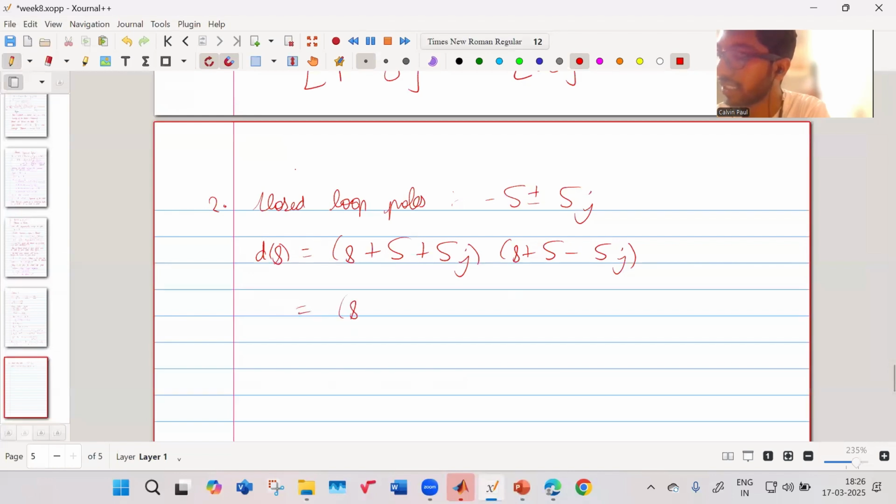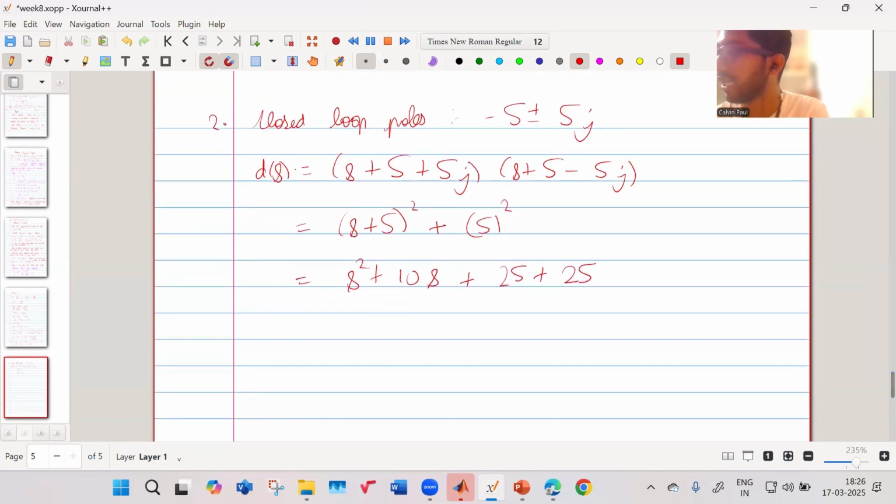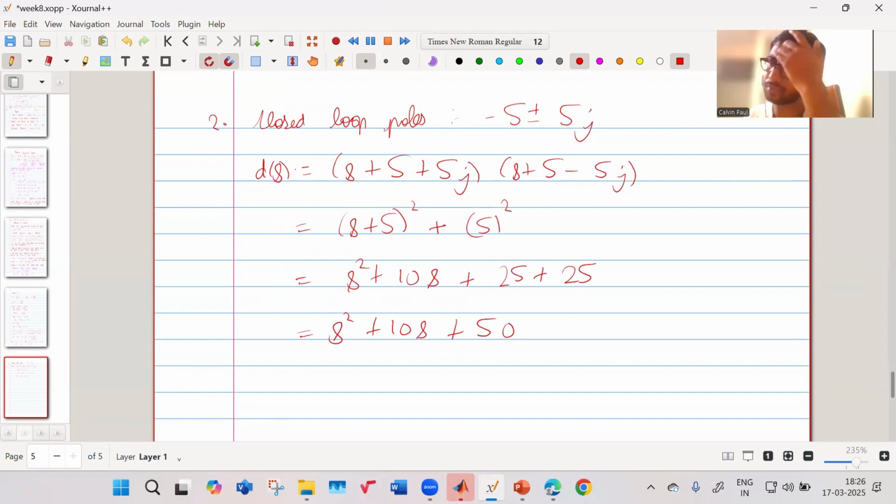So this can be expanded as (s plus 5) the whole square plus 5 square. So this is s square plus 10s plus 25 plus 25, that is equal to s square plus 10s plus 50. These are the desired closed loop poles.